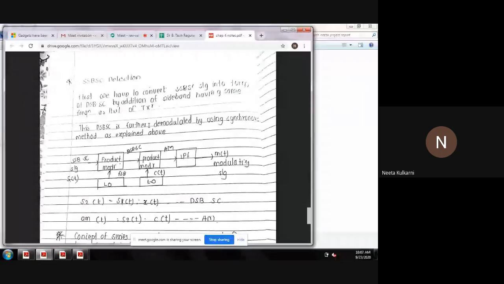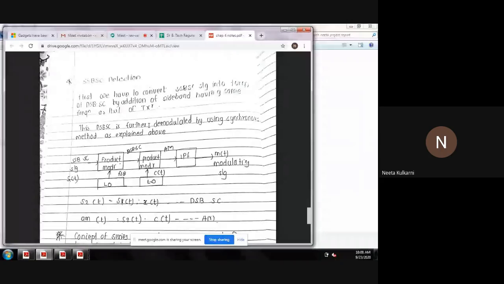What will be the first step? Don't tell that diagram wise. मी जे तुम्हाला आता एक्सप्लेन केलं ते सांगा मला. काय करावं लागेल आपल्याला SSB-SC डिटेक्शन साठी?